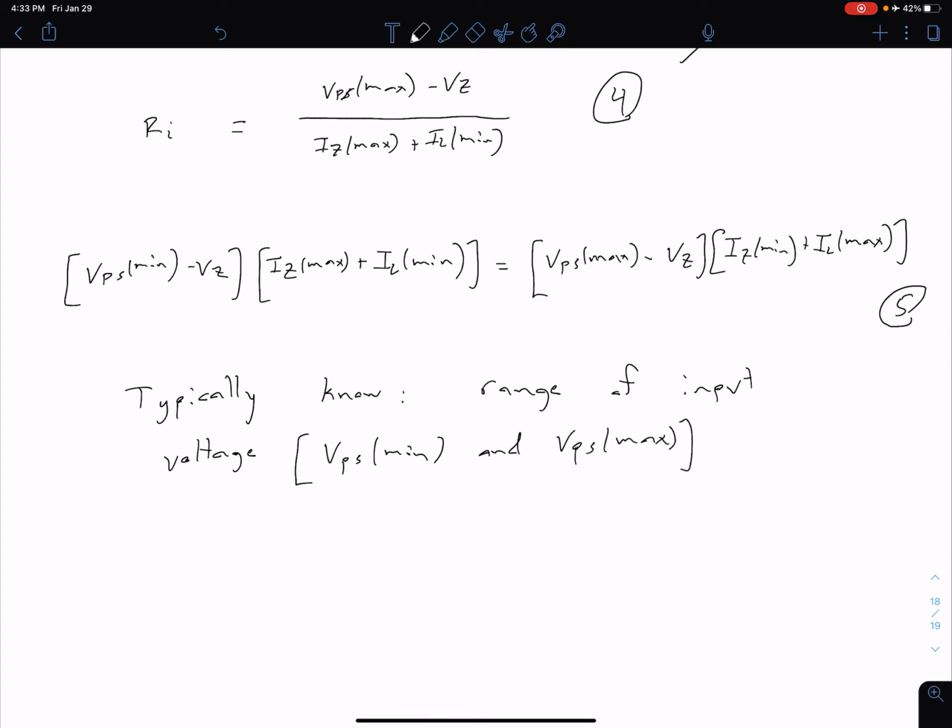Also, we're usually going to know the range of our load resistor. That coupled with the range of our Zener diode voltage, we can figure out the range of our load current. So this is another thing that we usually know: the range of load current, which is our IL min and our IL max.